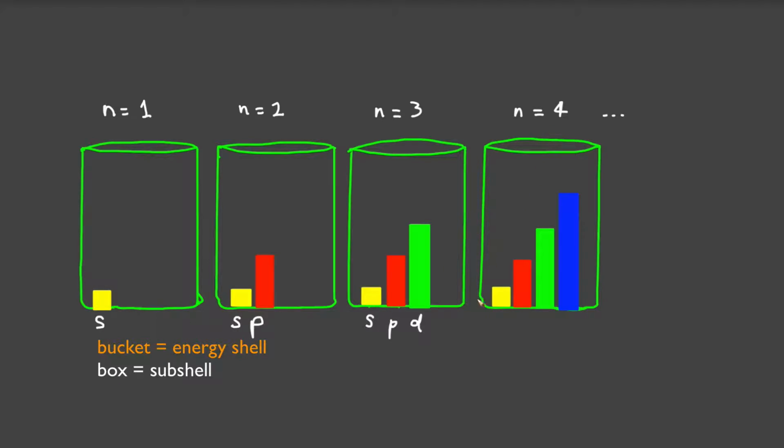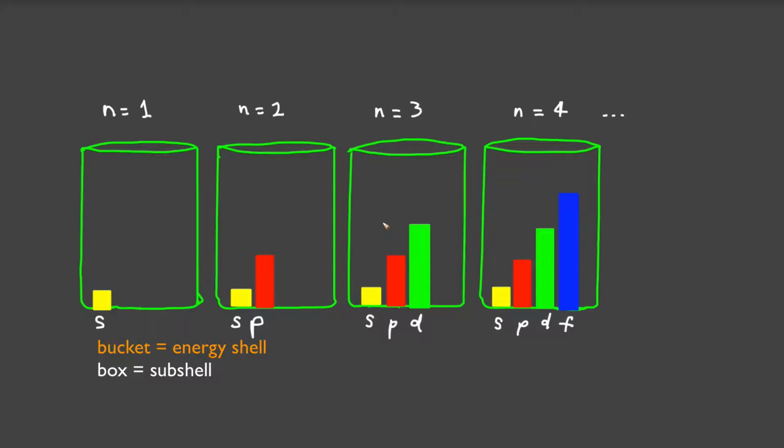N equal 4 has 4 sublevels, S, P, D, and F. And one could continue increasing the energy level and increasing the number of blocks that are in the buckets.